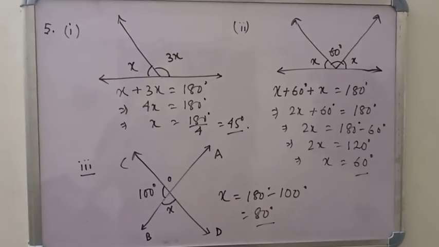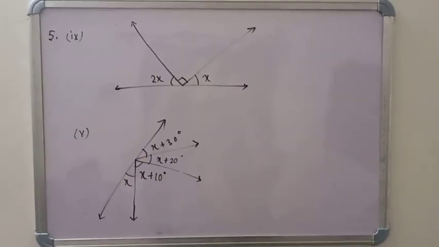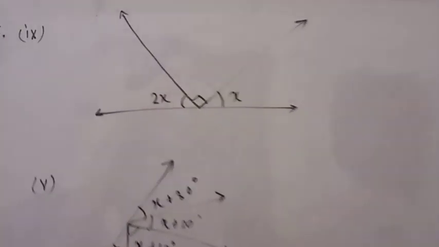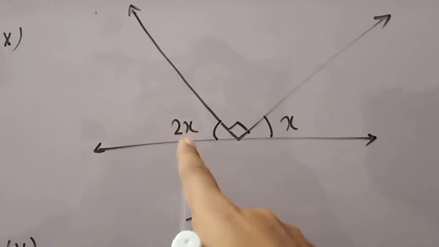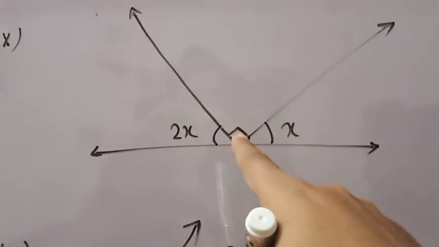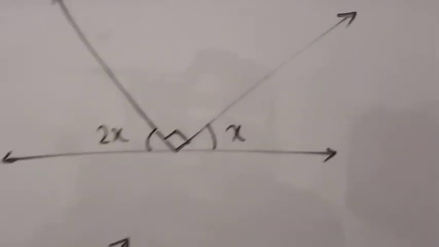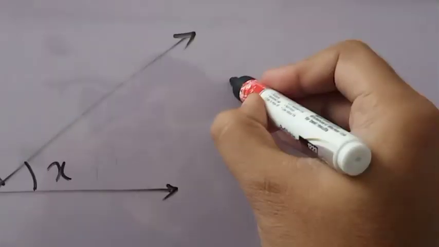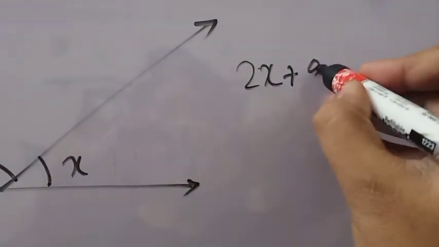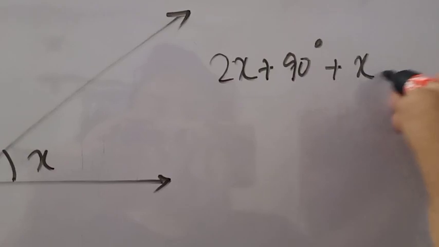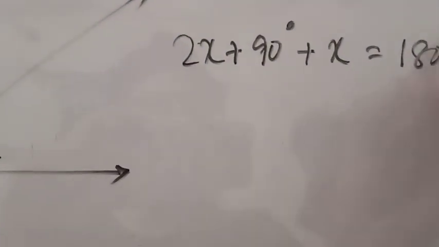Now next. Now in 4 and 5, see that in figure 2x and x is given and this is 90 degree. This sign means 90 degree. So 2x plus 90 degree plus x equals to 180 as linear pair.